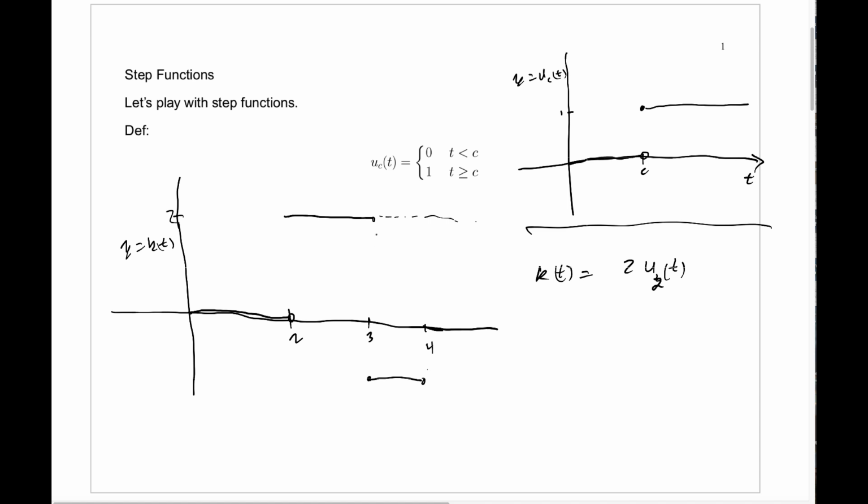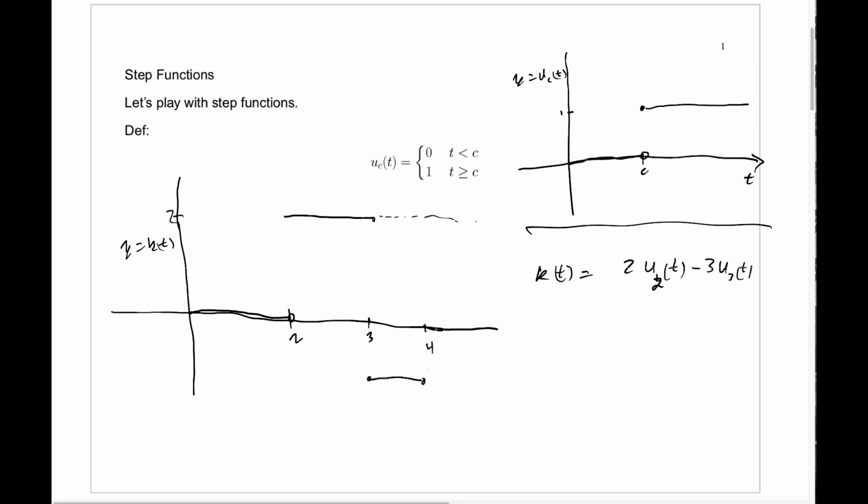Well, what happens at t equals 3? We want to drop 3 units. So to drop 3 units when t equals 3, I'll subtract 3 times u sub 3 of t. And then what happens? Well, that will not change anything that happens with k of t between 0 and 3. But after 3, it will drop everything 3 units.